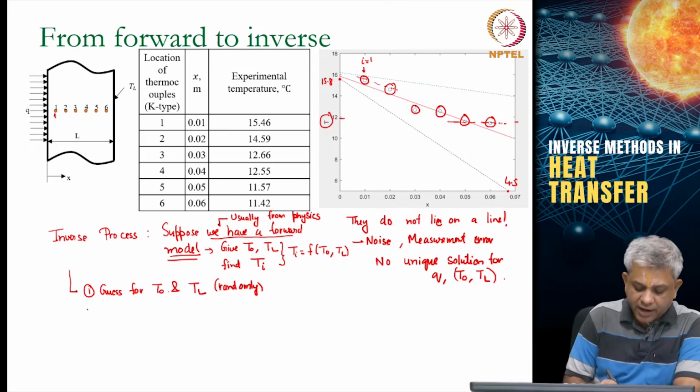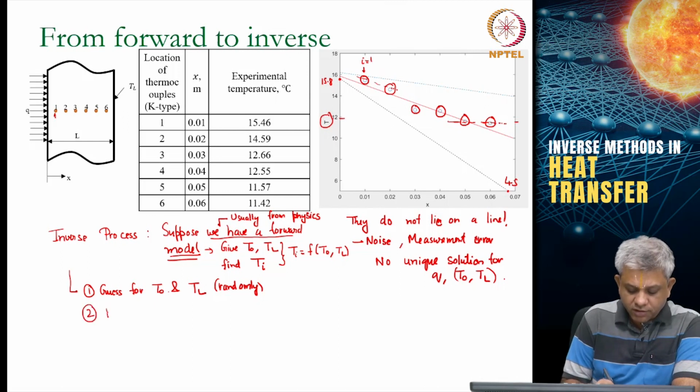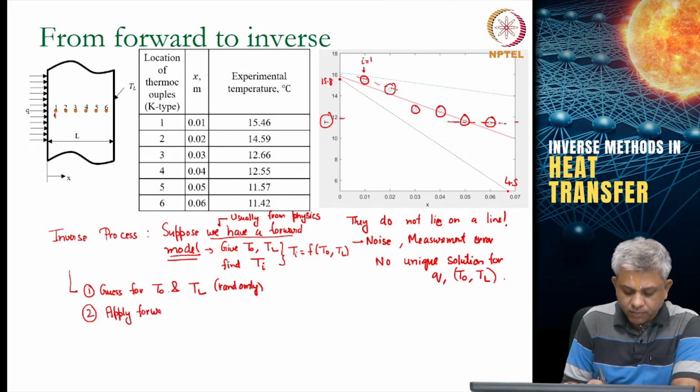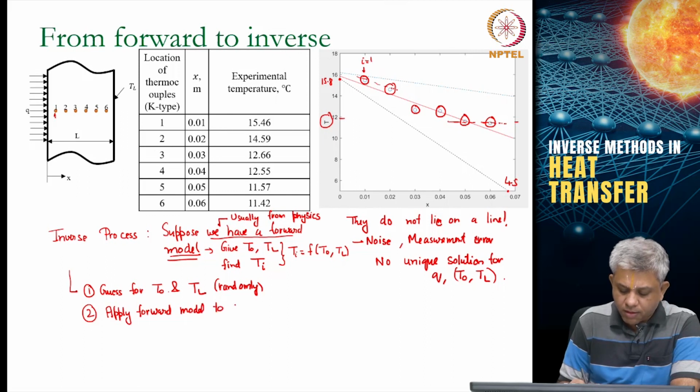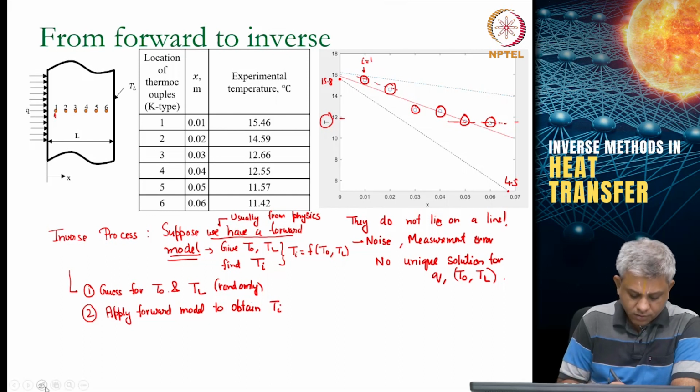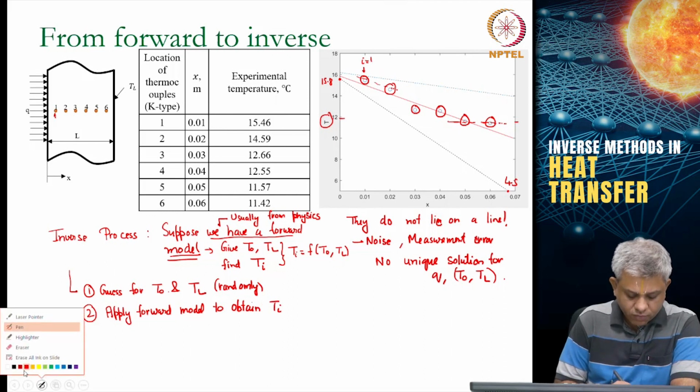Now, once you guess that, you apply the forward model to obtain Ti. What does this mean?